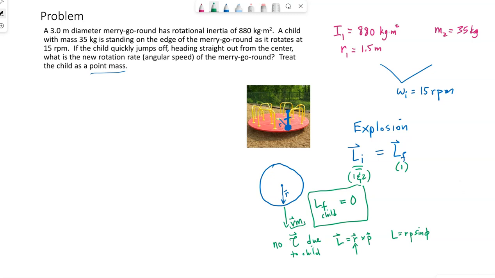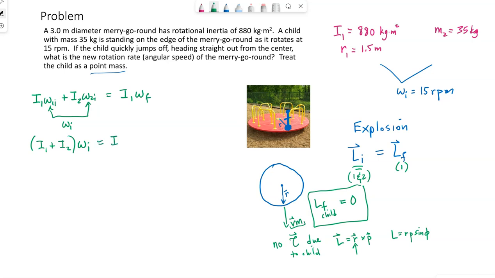Okay, so to write this, since they're rotating together, we could say I1 omega 1 initial plus I2 omega 2 initial, but because they're on the same thing, we can just call these an omega initial and say that I1 plus I2, the total moment of inertia of the system, times that initial rotation rate has to equal I1 omega final.